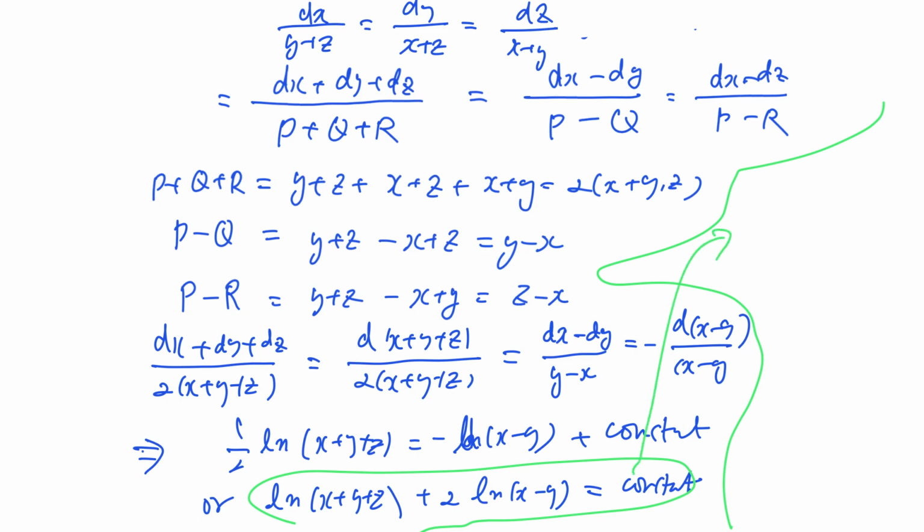We can say u is x plus y plus z times x minus y squared, which is C1.